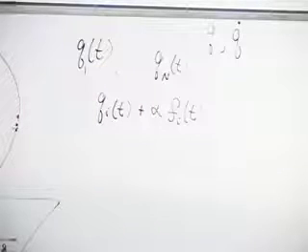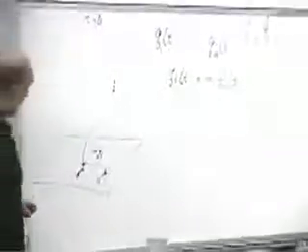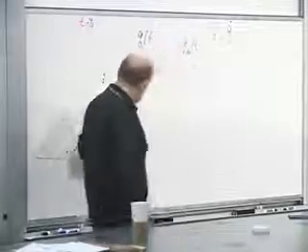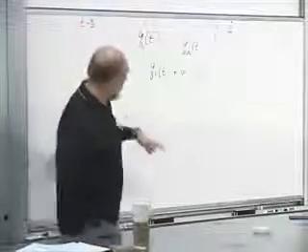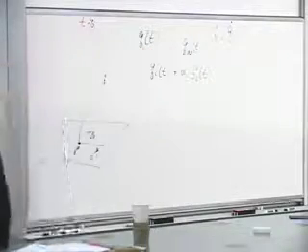Oh, and one other point. We're going to require that the trajectory passes through the initial point and the final point. That means that fi of t should be 0 at the initial point and the final point. Right? So fi of t is to vanish at the initial point and the final point.